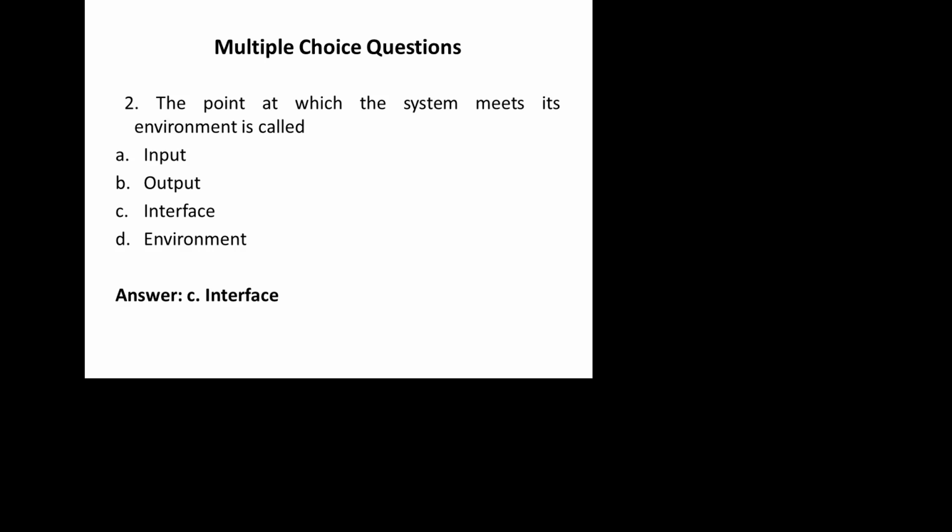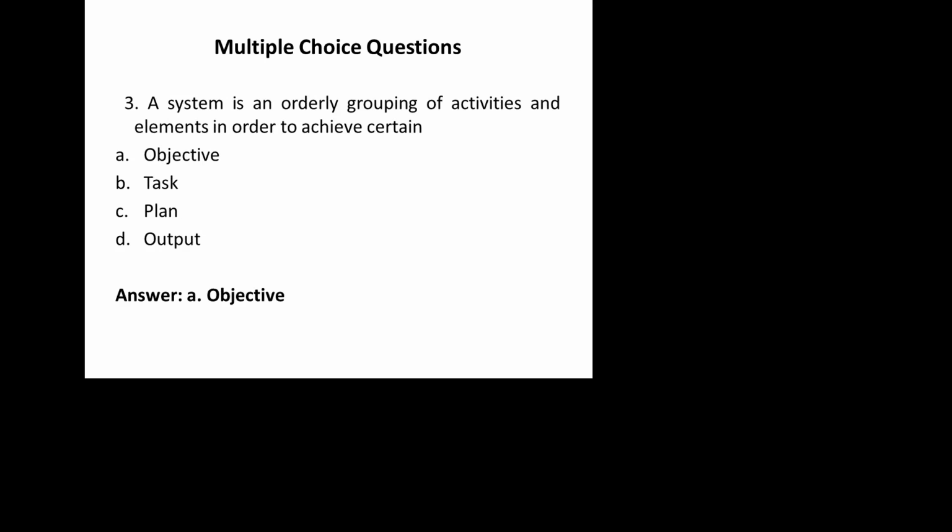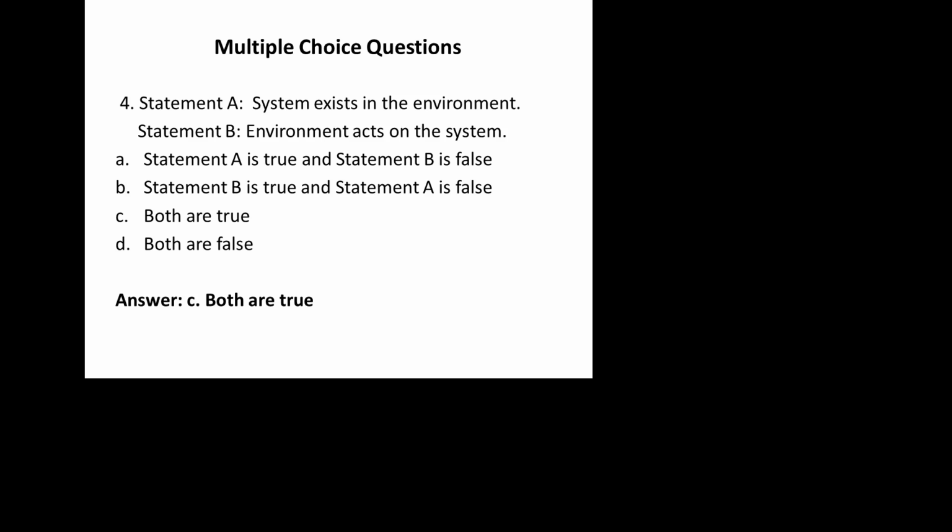Interface is a point where the system meets its environment. Third question, a system is an orderly grouping of activities and elements in order to achieve a certain objective. Just now we discussed the objectives of a company, where the system, with a group of activities and elements, is working together to achieve that objective. So objective is the answer.